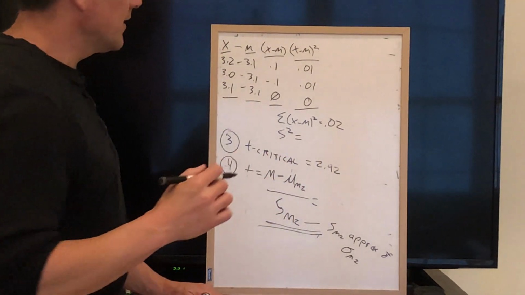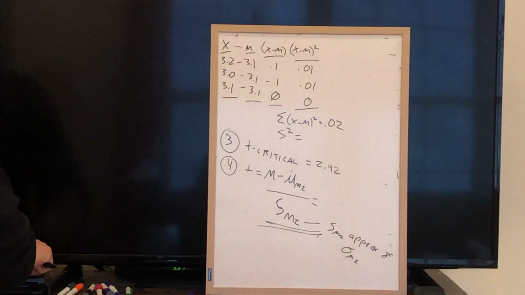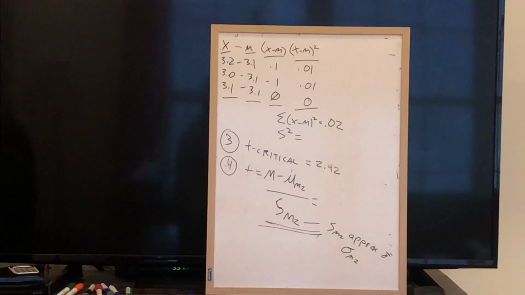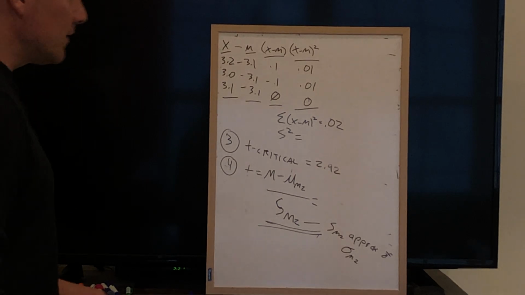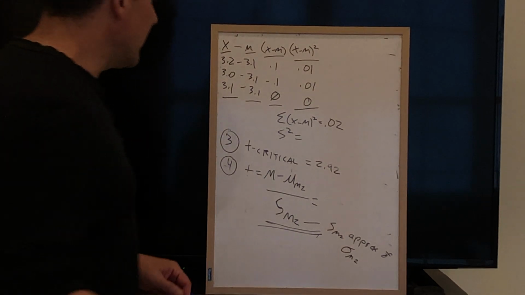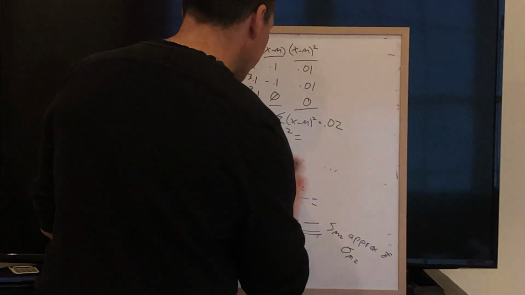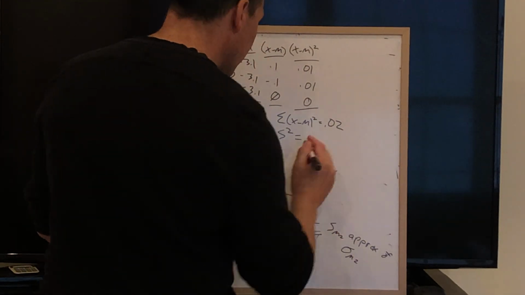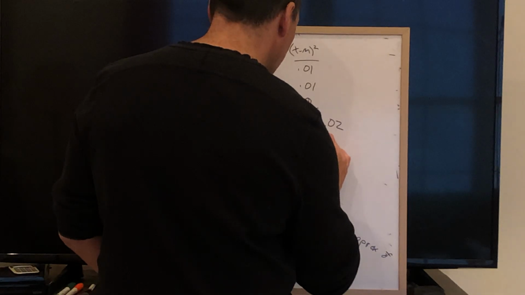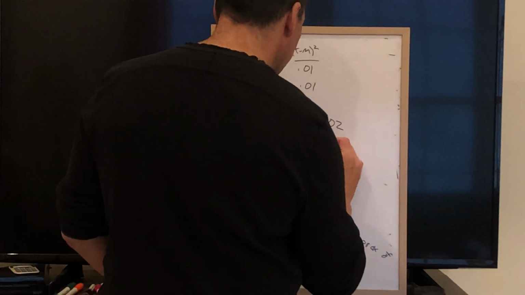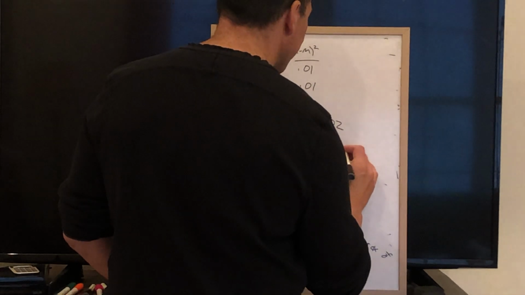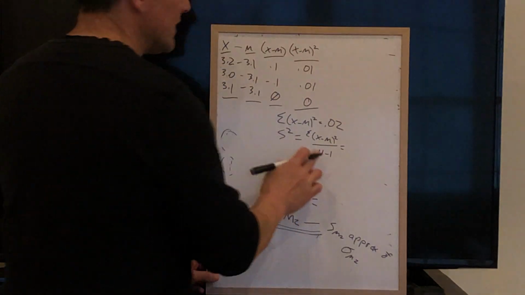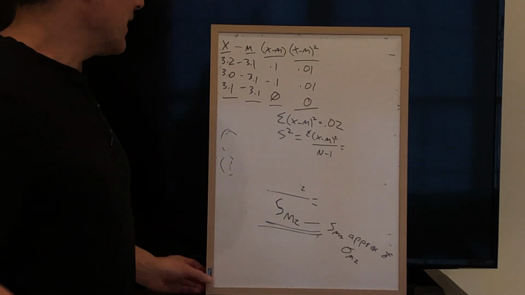S squared is an estimate of sigma squared, and it equals sigma X minus M squared divided by n minus 1. It's not divided by n, but it's divided by n minus 1.